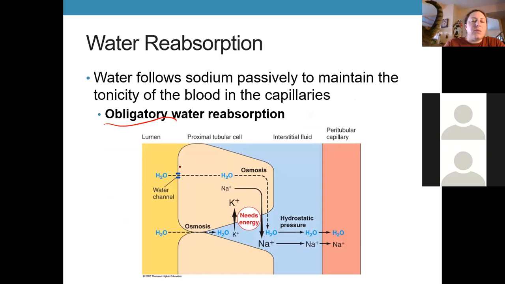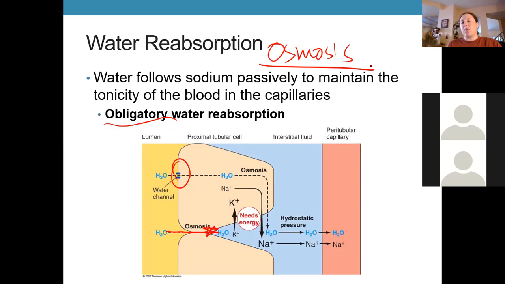So what this is showing you is water channels as well as paracellular water movement. It's all by osmosis, because whenever we have water moving, that's what it is. Osmosis is movement of the solvent down its concentration gradient, okay?